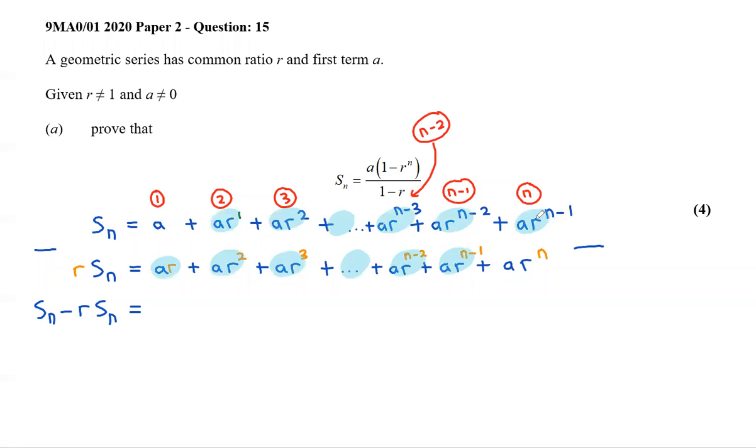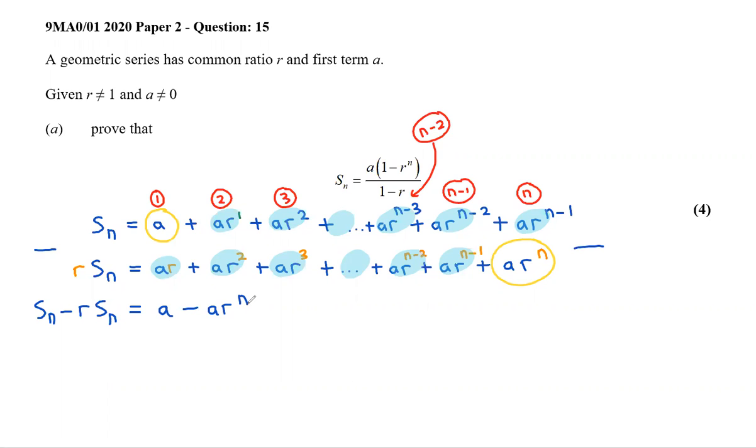The only terms that do not cancel are the first term in the first row and the final term in the second row. Everything else cancels out. So what we are left with is a, because that's in the top row, subtract ar to the n.